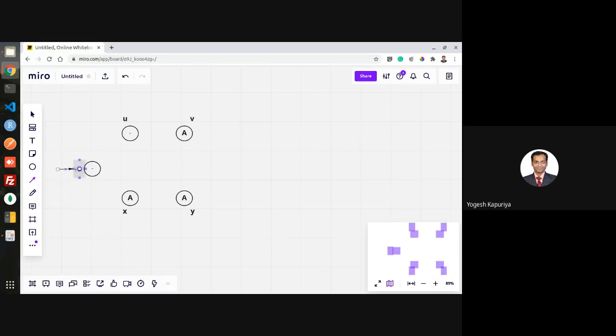So our source vertex is S. Now we have the edges.